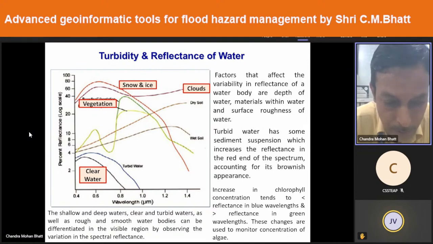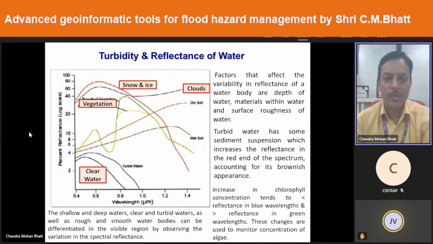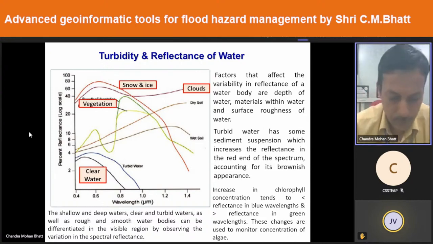Also, shallow and deep water, and clear water, have different kinds of reflectance. You may see the water in the false color composite as dark blue, whereas if it is turbid, you may have a brownish kind of color, which we can differentiate.